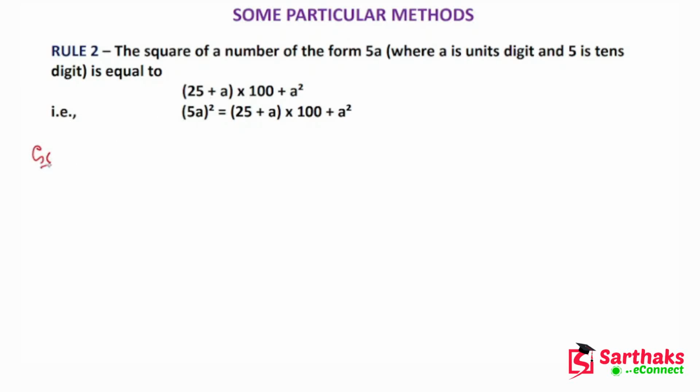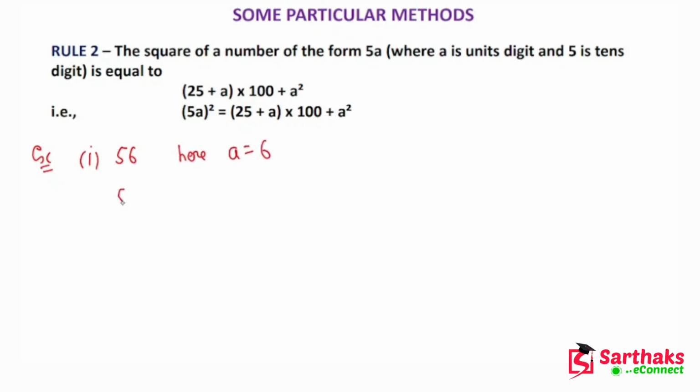Let us take an example. Since it is applicable only for the numbers 50 to 59, let us take 56. This method says, first of all, identify A over here. So here A is equal to 6.